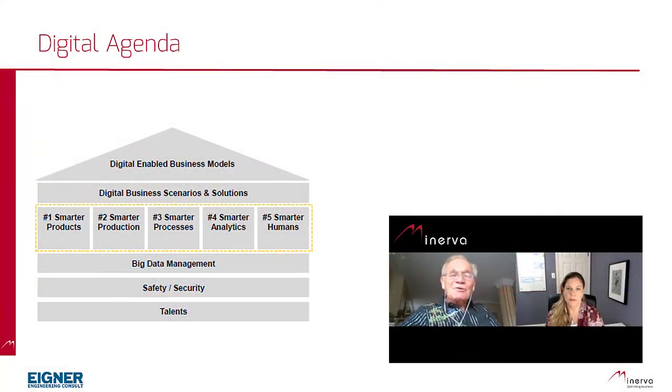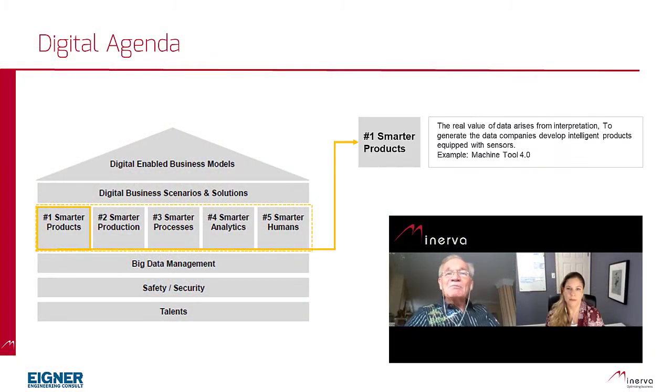Absolutely. And with that, do you see a digital agenda, or what is a digital agenda? Yeah, the companies in Germany and in Europe, everybody discussed digitalization, digital agenda, or whatever. So typically when we talk about the digital agenda, most of the topics are interfering with engineering. So when we talk about 5 levels, we have the smart product.